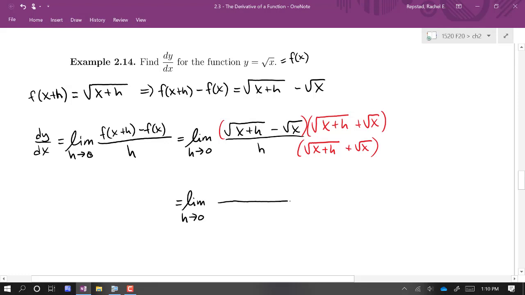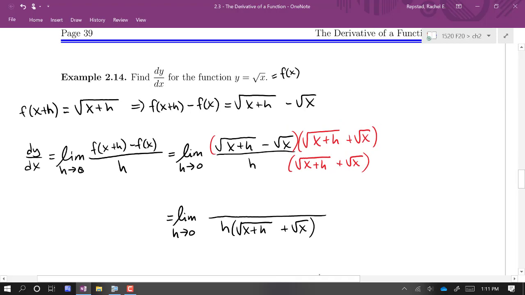Now on the bottom, we just have this product. I'm going to leave it factored. There's not usually any advantage to multiplying out the product you end up with in the bottom. Up top, we're going to expand that product just like we did in the example above in the top margin.